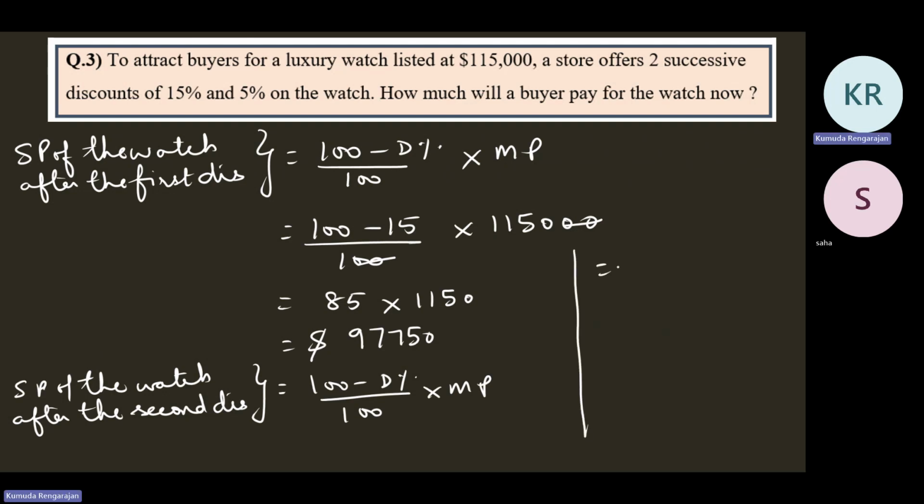So it will be 100 minus 5 by 100 into, here you'll have to be careful. You must take the earlier selling price, this one, not the one given in the question. On this one, discount 15% is given. So now this is the price. On this, again, a discount of 5% is given. So you should take this one as a marked price.